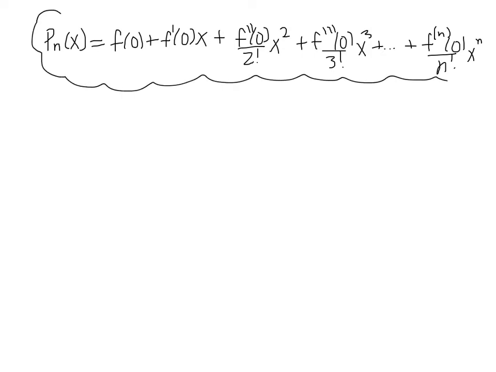That is something called the Maclaurin polynomial, because it's at 0 specifically.